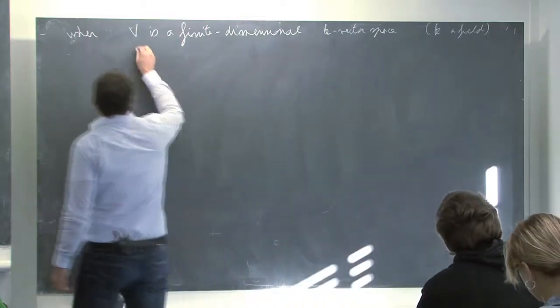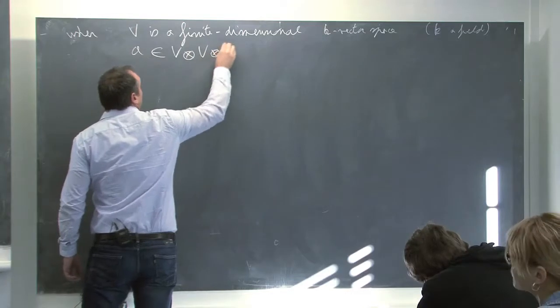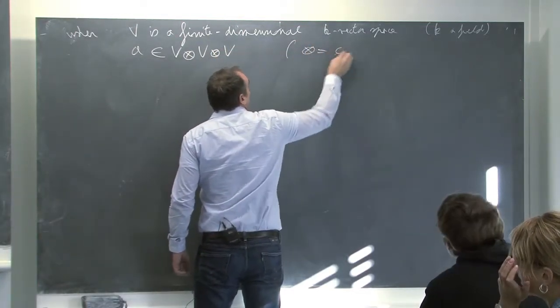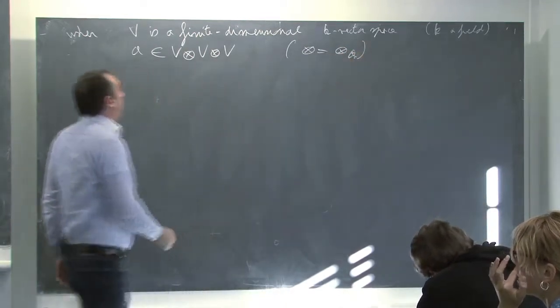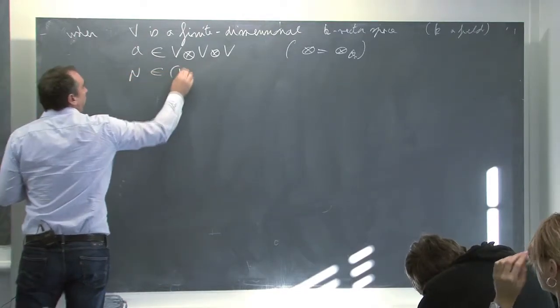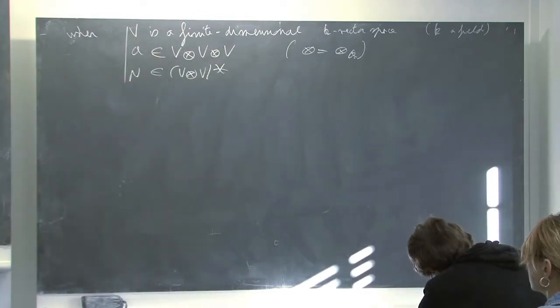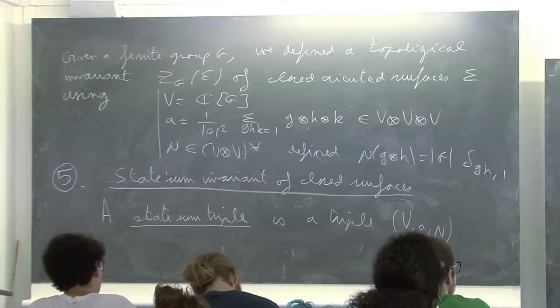A is in the tensor product V tensor V tensor V, 3 times V. So here the tensor product is of course over K. And μ, we want a form. And of course, we want to repeat the definition we have given here. So we need to impose some condition on A and μ.